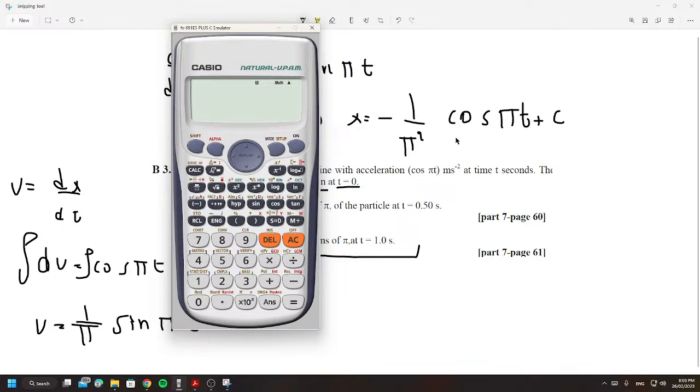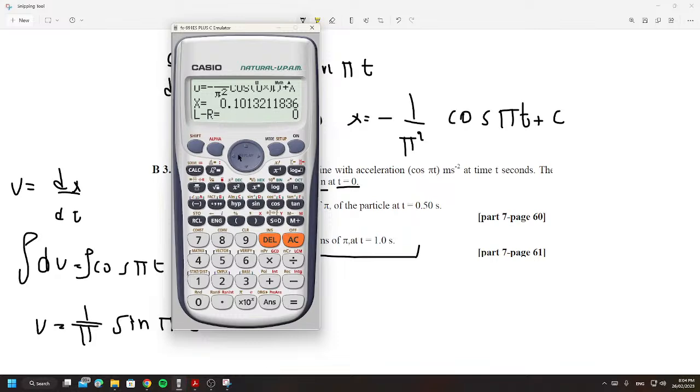So when t is equal to 0, it is at the origin. So x is equal to negative 1 over pi squared cosine 0 times pi, plus c. I keep forgetting plus c because we're solving for it.